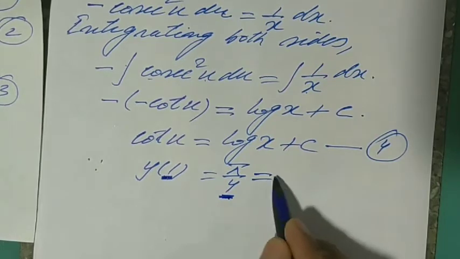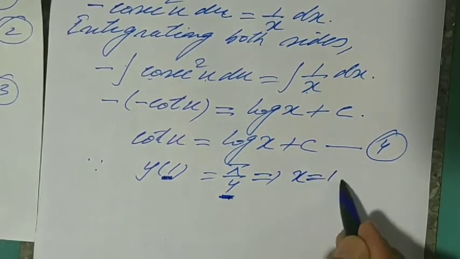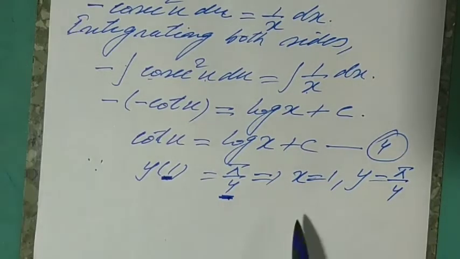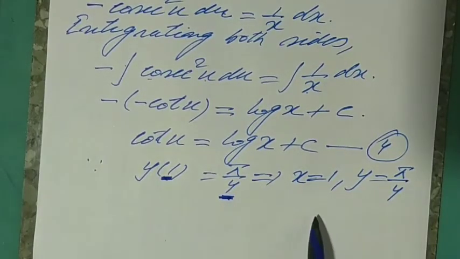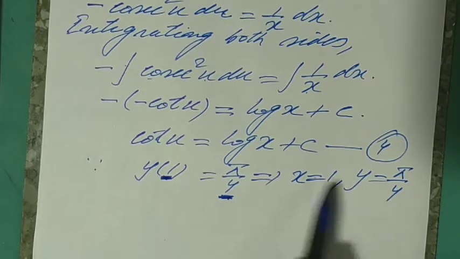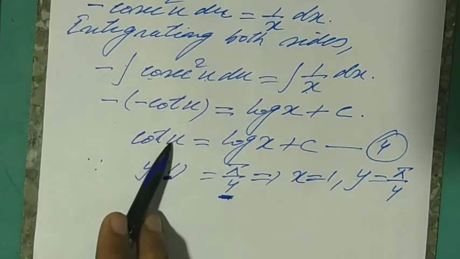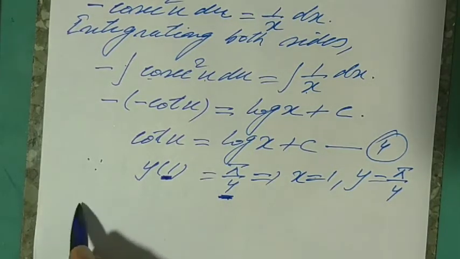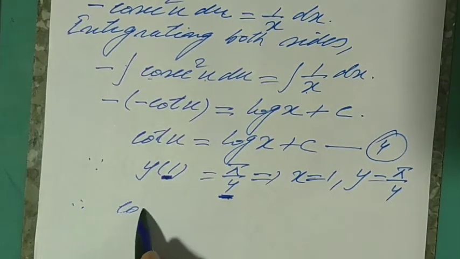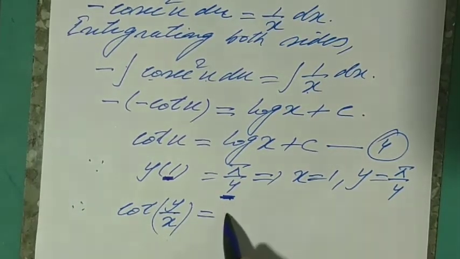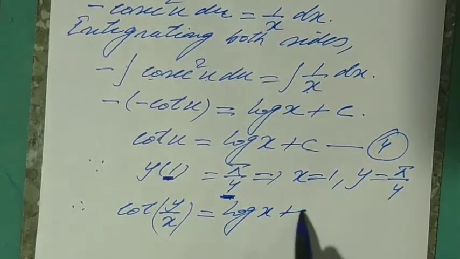So it implies that when x is equal to 1, y is equal to pi by 4. Before putting the values of x and y, we need to change this u in terms of x and y, which is y upon x. So we write cot y upon x is equal to log x plus c.